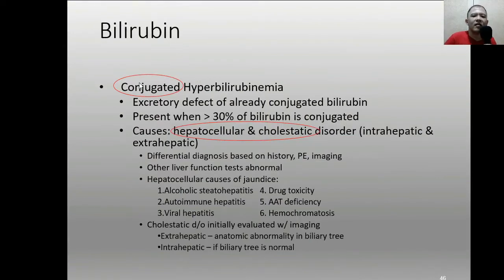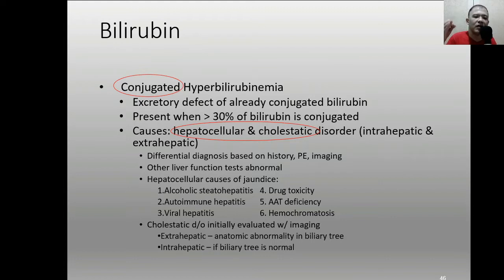Next, for conjugated hyperbilirubinemia, it's secondary to an excretory defect of the conjugated bilirubin. So the excretory defect may be secondary to an obstruction.